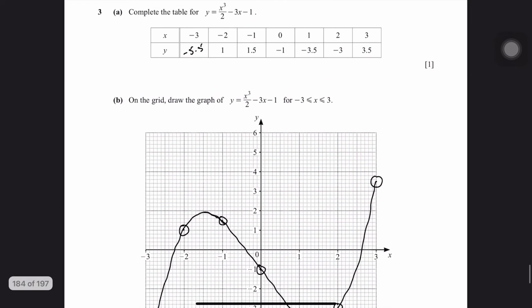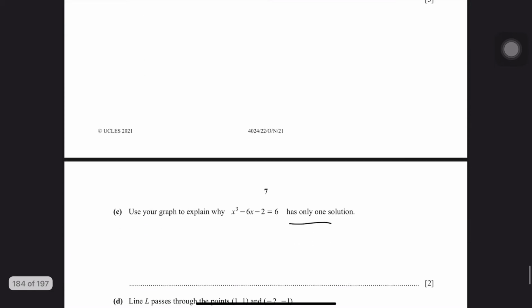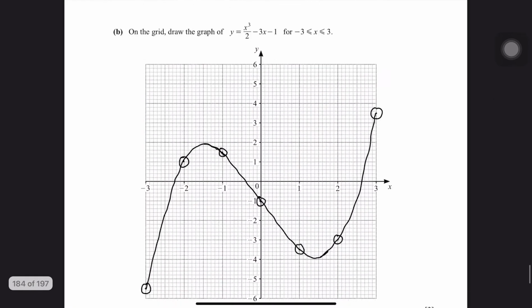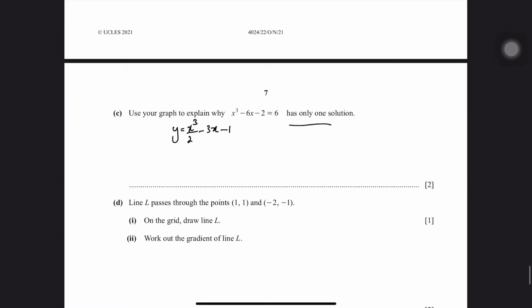So I compare it to the equation in the question, and the equation in the question is y equals x cubed over 2 minus 3x minus 1. So in order for the comparison to be valid, I need to have the same expression.